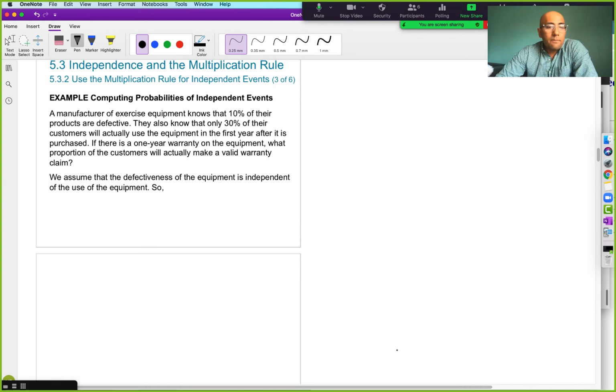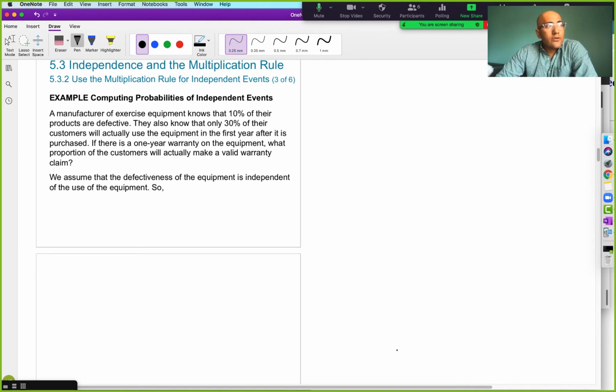Okay. If there is a 1-year warranty on the equipment, what proportion of customers will actually make a valid warranty claim? In order for it to be a valid warranty claim, both things have to happen. You have to be a customer that receives a faulty device, and you have to be one of the customers that actually tries it out in the first year so that you can have a valid claim.